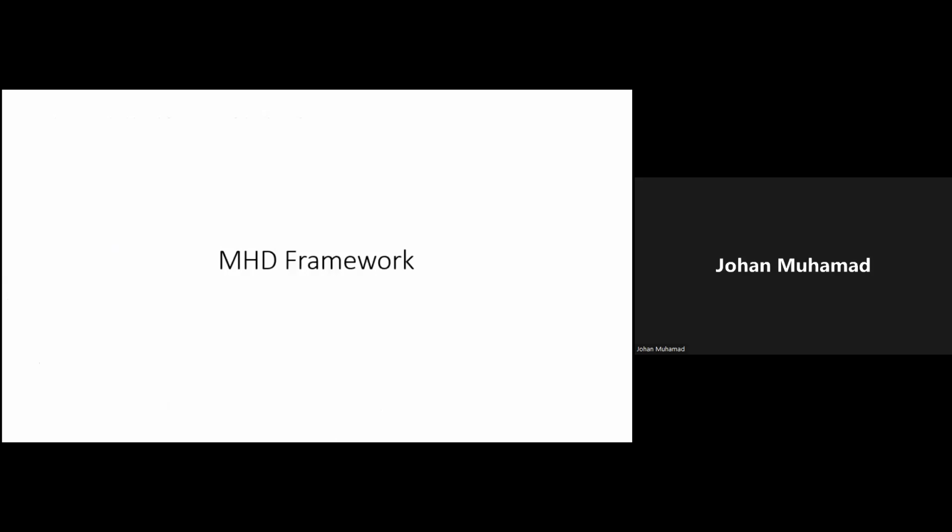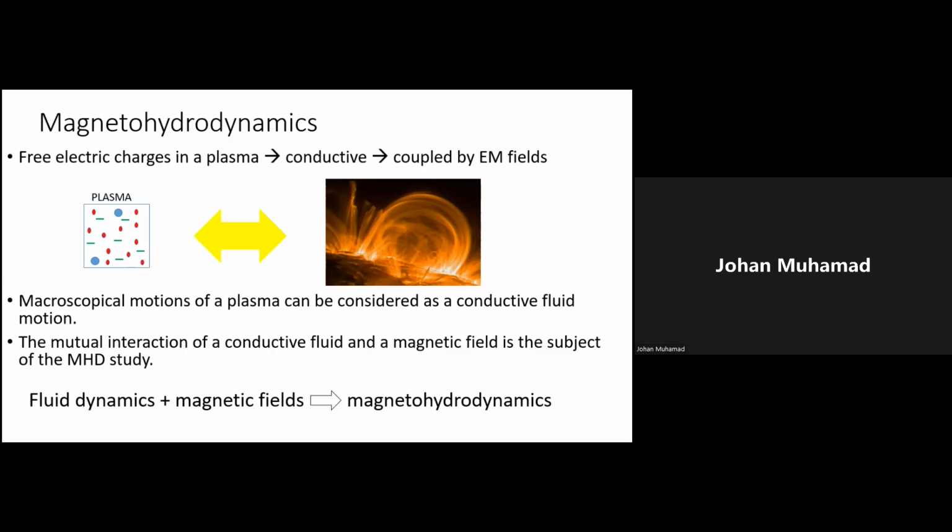Okay, so before we go into the detail about the MHD, we have to know about the MHD framework, because not every feature in the sun can be studied by using the MHD approach. There are some limitations of the MHD framework that you should know.